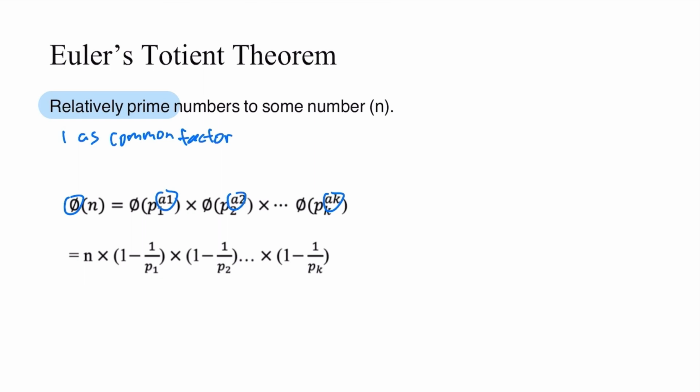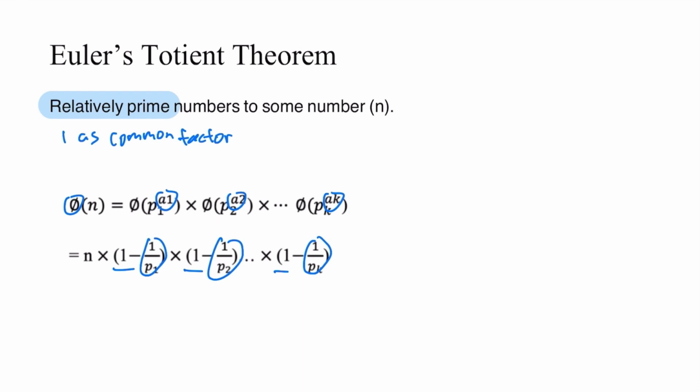Because of time constraints, we won't go into detail of this theorem, but you have to remember the theorem's formula, which is n times 1 minus 1 over p1 times 1 minus 1 over p2 times all the way to 1 minus 1 over pk.